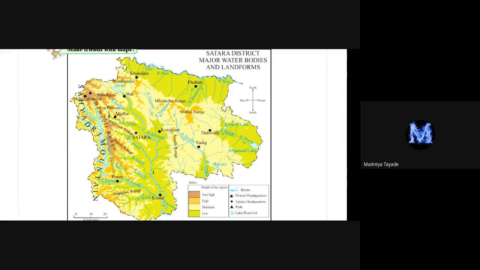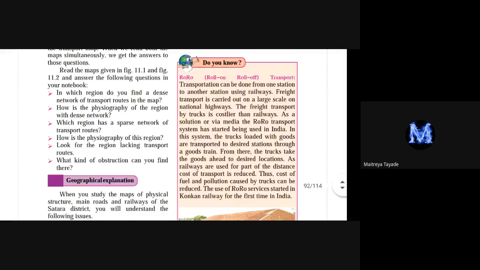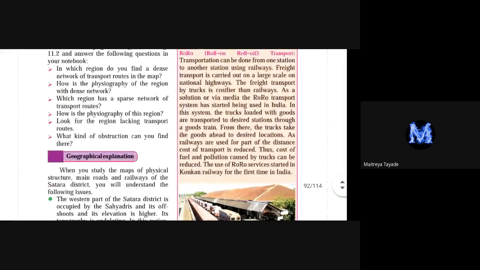Sitabai range you can see here. So there is a high, hilly region. In a hilly region it is not possible to build a railway line or different roads. That's why there is a sparse network. Look at the region lacking transport routes. What kind of obstruction can you find there?